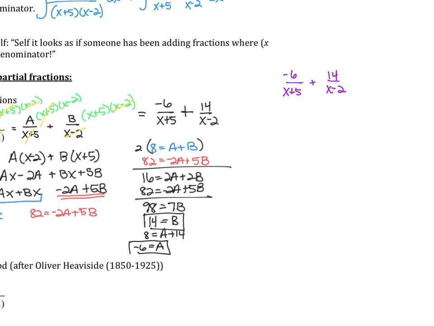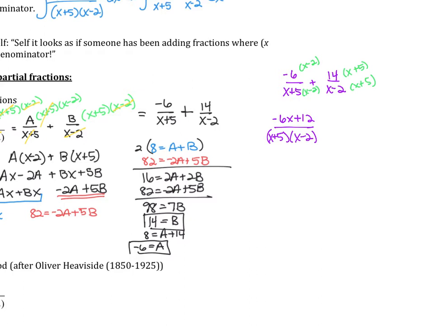So my common denominator would be the expression x plus 5 times x minus 2. So I'd need to multiply both numerator and denominator of this fraction by x minus 2, and both numerator and denominator of this fraction by the x plus 5. So in the numerator on this left-hand side, I would have negative 6x plus 12 over x plus 5 times x minus 2.